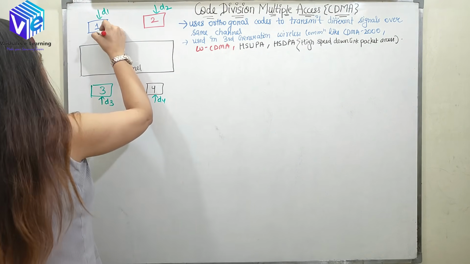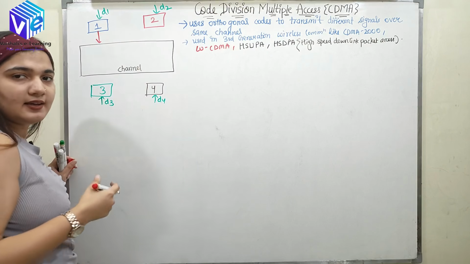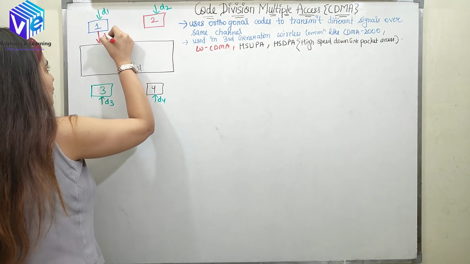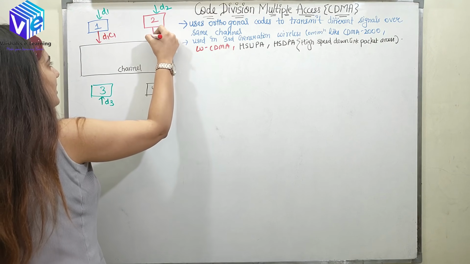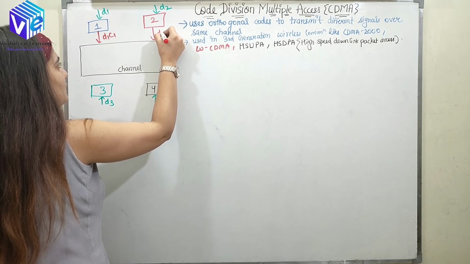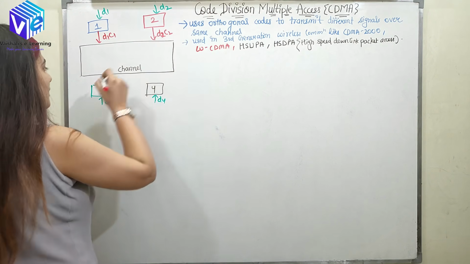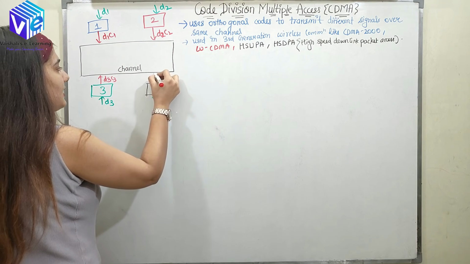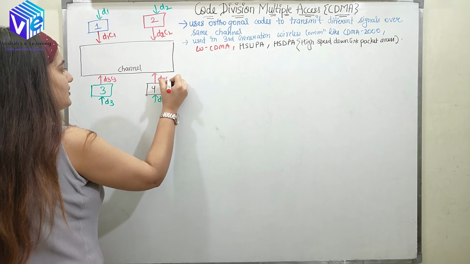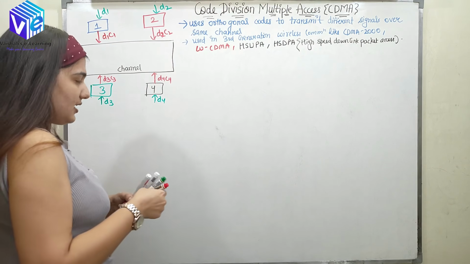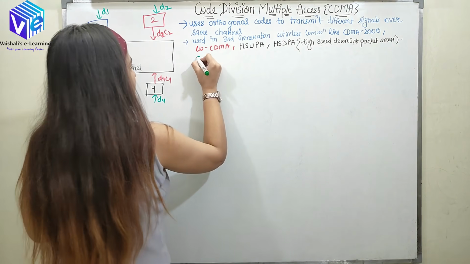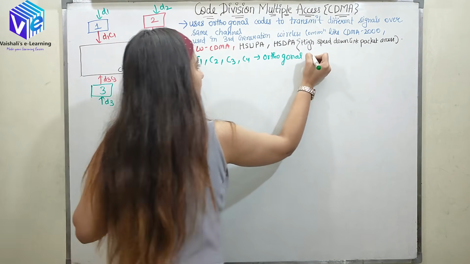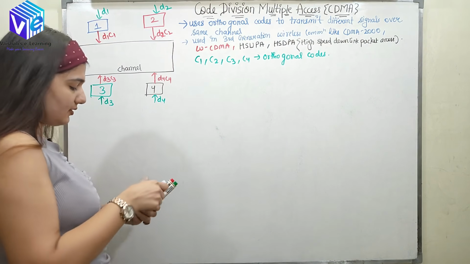Now I am multiplying user 1's data with code 1, so D1 C1. Here I am giving D2 C2, here D3 C3, and here D4 C4. These C1, C2, C3 and C4 are orthogonal. So what would happen in the channel?